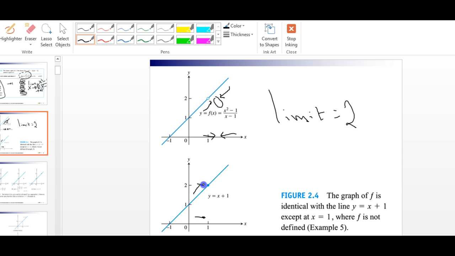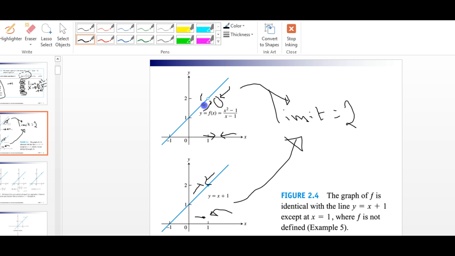It's heading towards 2. And if you approach it from the right, it's heading towards 2 also. So for this function also, the limit would be 2. So both these functions have the limit as x goes to 1 equal to 2.